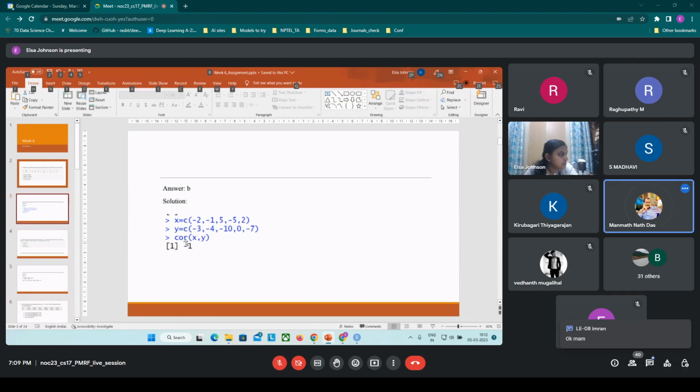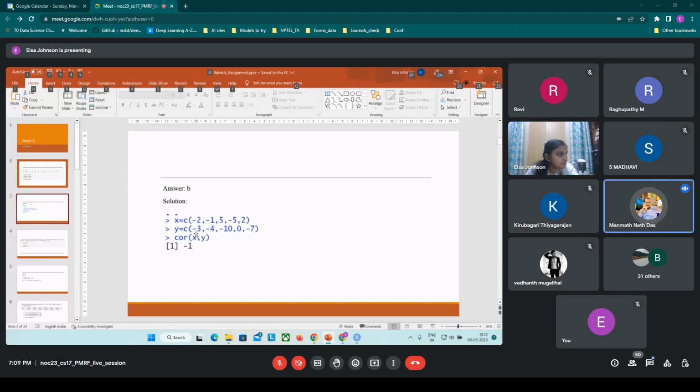Madam, in the examination will we get R to run the code, or do we have to do it manually? Suppose this question is there, can we write the R code there and check it, or do we have to do it manually? I think you can run R also, but that has to be finalized. I think in the exam it is possible.